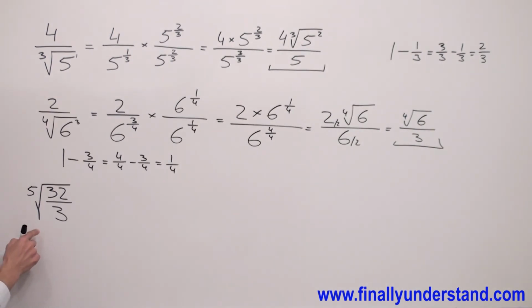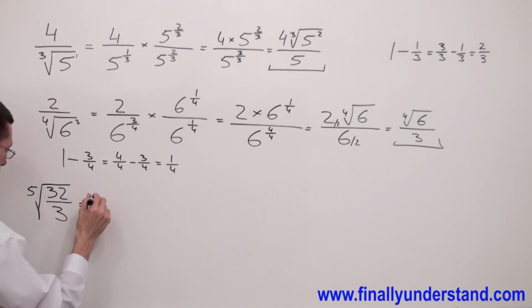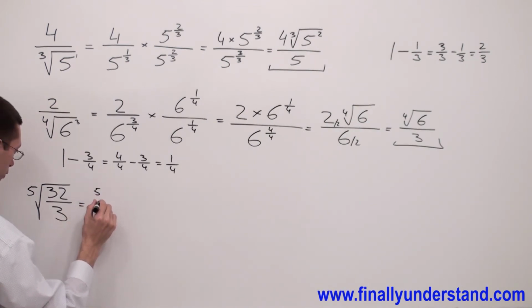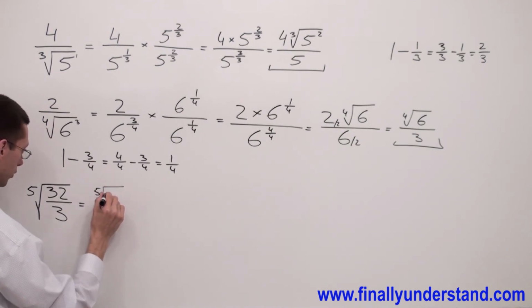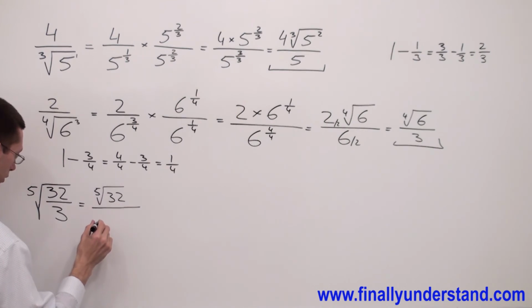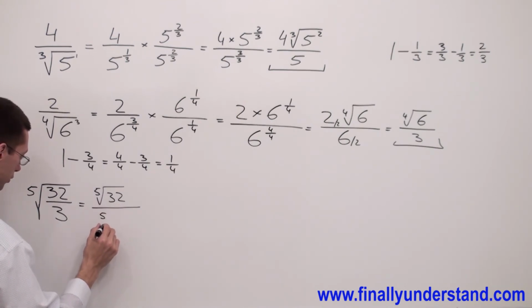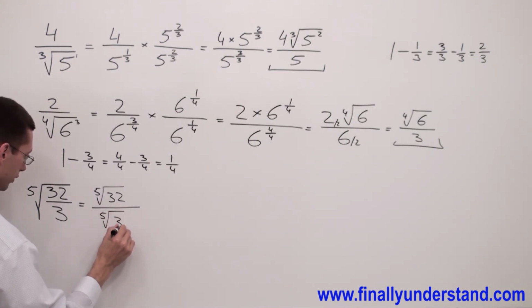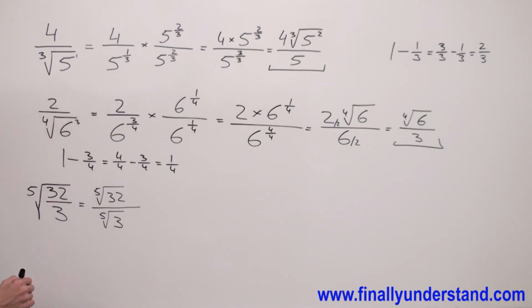Let's take a look at this example. I'm going to use the properties of radicals, and I'm going to rewrite this as 5th root of 32 over 5th root of 3. First, I'm going to simplify the numerator, because we can simplify the numerator, okay?